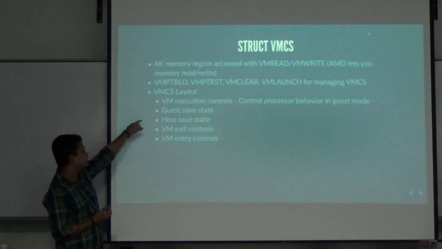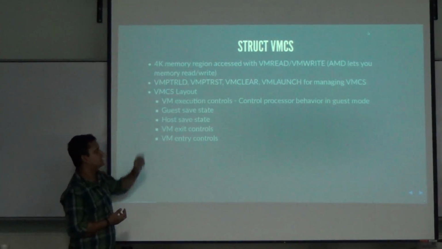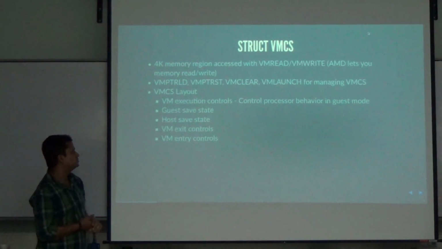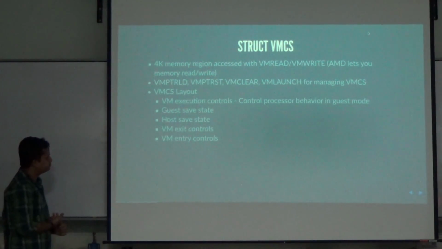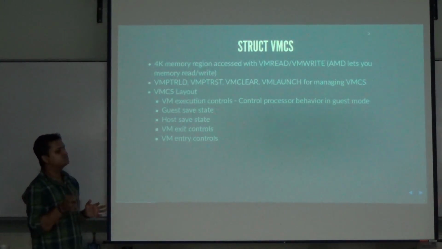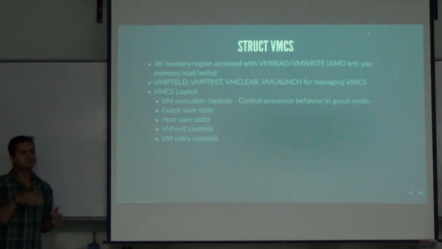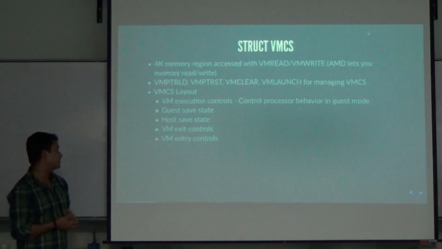You can set those bits in the VM execution controls so that the processor uses EPT to launch the guest. The guest save state is where the state of the guest is saved once you are out of the guest and running the host for some reason to take care of an event.